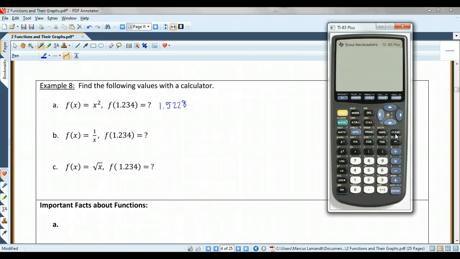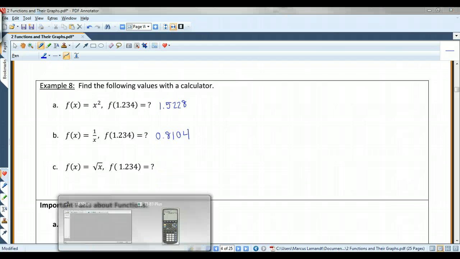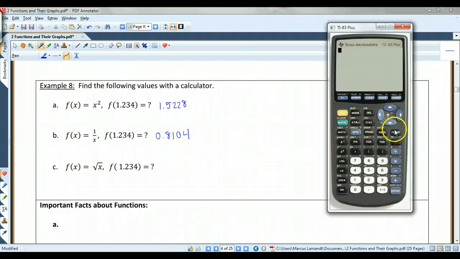Next one. 1 over x. In this case, x is the same. 1 divided by 1.234 is 0.8104. Alright, and the last one. Square root of x.